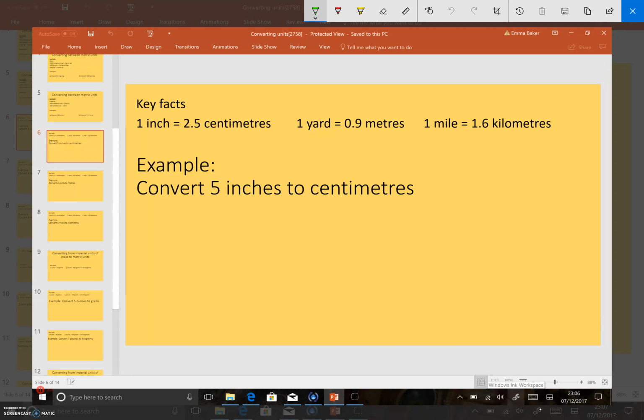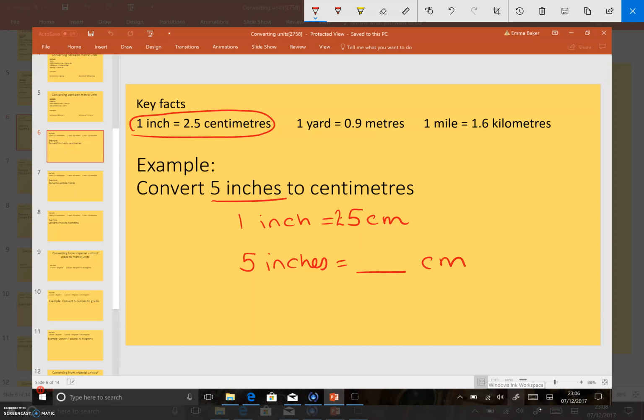Okay, so the way in which I go about doing this is I think, right, which of these 3 facts at the top of the slide do I need? I'm looking at inches to centimetres, so it's this one here that I want to use. Now, if I know that 1 inch is equal to 2.5 centimetres, and I want 5 inches, what I'm going to do is I'm going to write 5 inches underneath here, and I want to know how many centimetres that is.